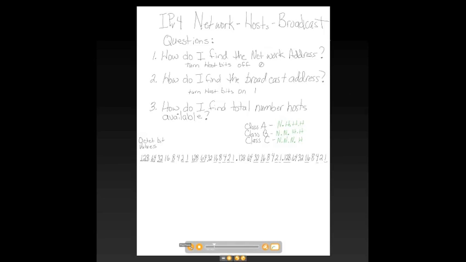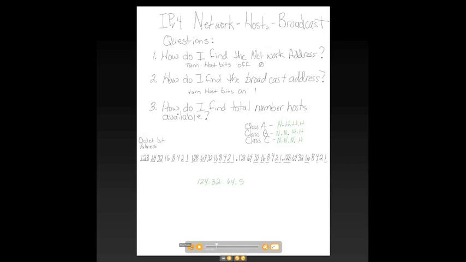So, let's say someone tells you 124.32.64.5 is one of the devices within the network. They want to know what network does this device belong in, and what is the broadcast address for it.